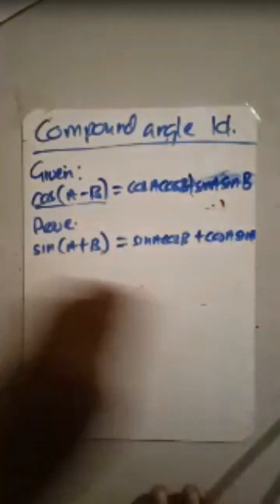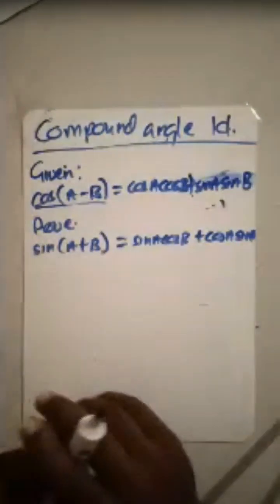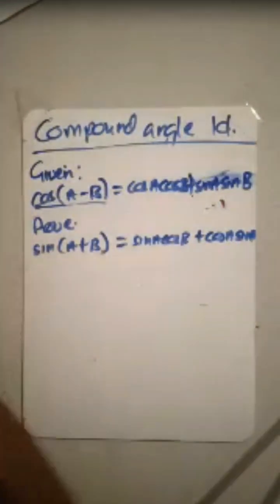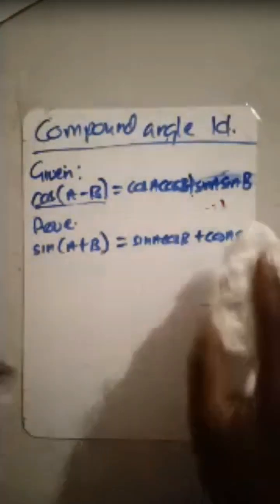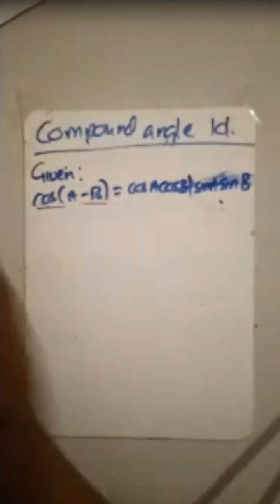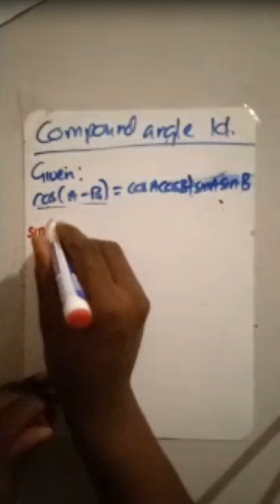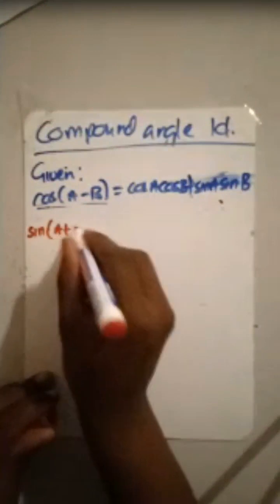So this is what we want to prove. Okay? Right? This is what we want to prove. So I'm going to write the other one in red. Prove sine A plus B, like that.